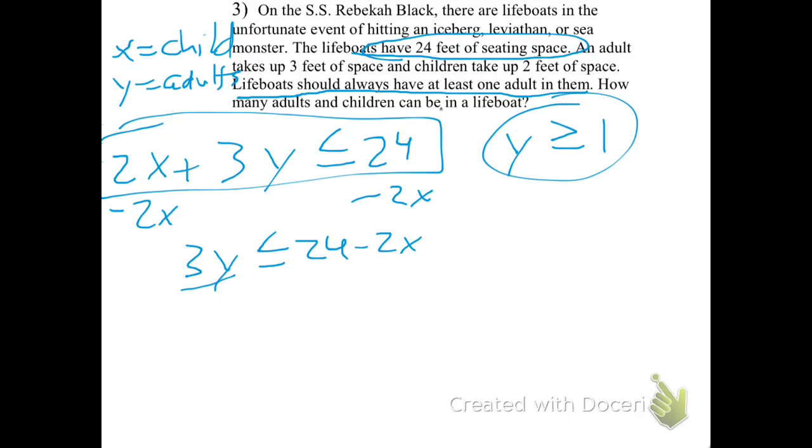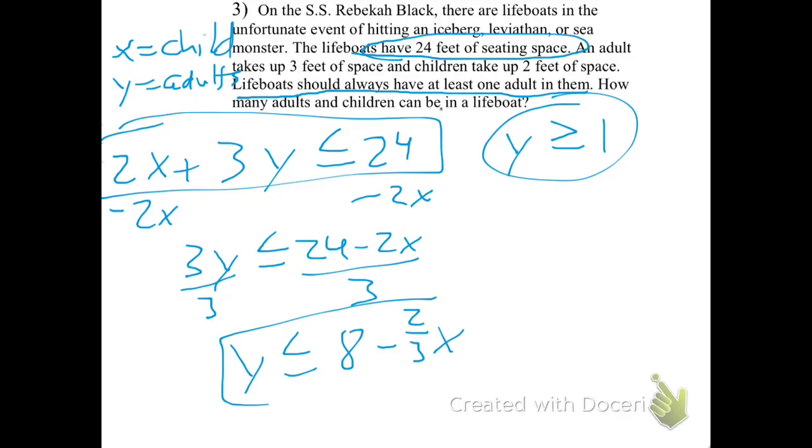Divide everything by 3. You get y is less than or equal to 24 divided by 3, which is 8, and then subtract 2 divided by 3, which is negative 2/3 x. So now we've got our 2 inequalities solved for y and they're ready to be graphed.